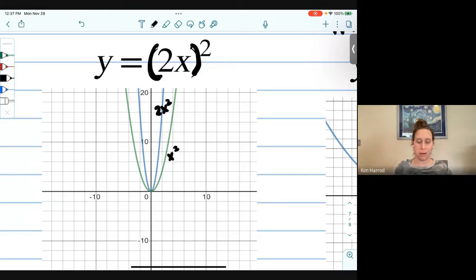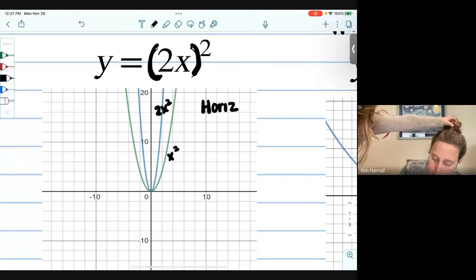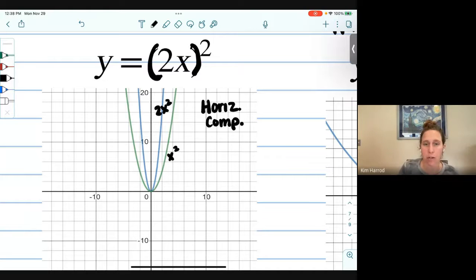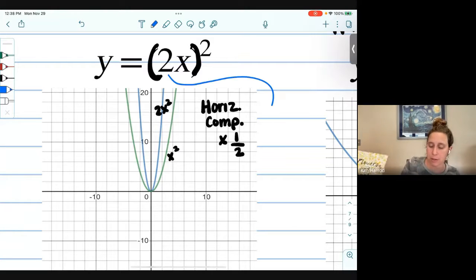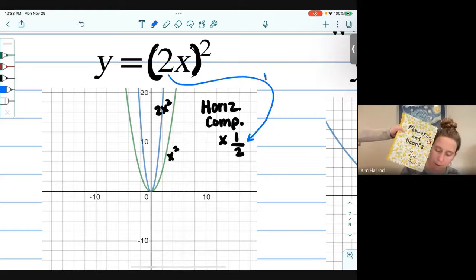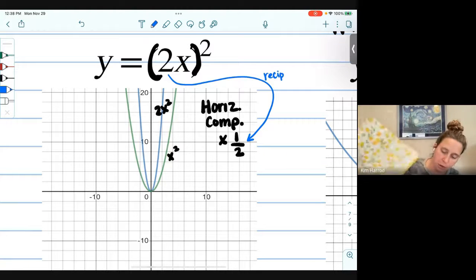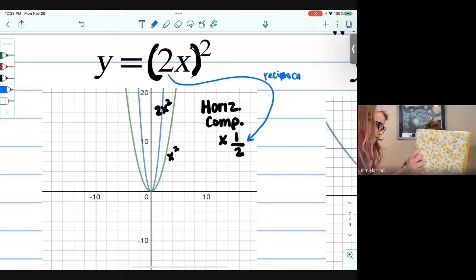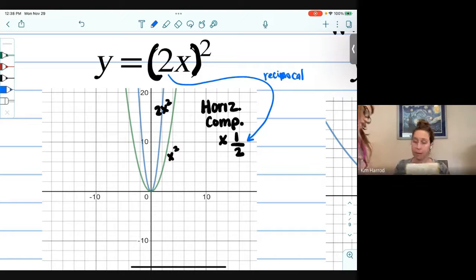It compresses it. So what this one shows up as is a horizontal compression. And now here's where the opposite part comes in. It's a reciprocal here. So this 2 becomes 1/2, because the opposite in terms of this is the reciprocal.